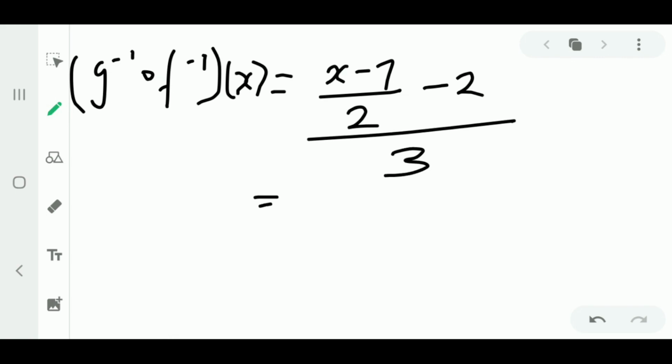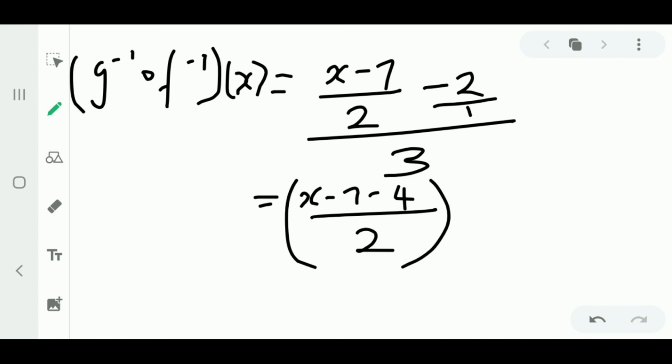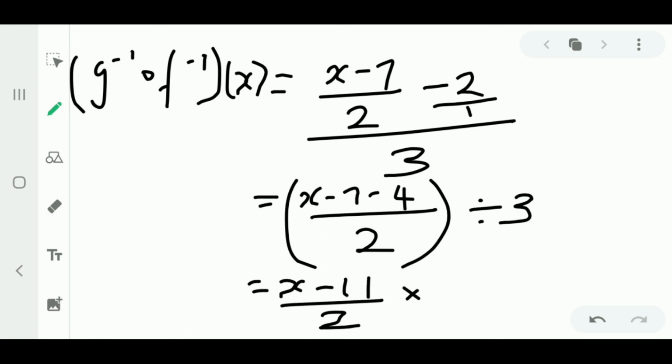We need to find the LCM here, which is 2. 2 into 2 is 1, so that's x minus 7. 1 into 2 is 2, 2 times 2 is 4, and all of this is being divided by 3. So x minus 7 minus 4, that's x minus 11 over 2, times a third. That is equal to x minus 11 over 6, which is the same as before.